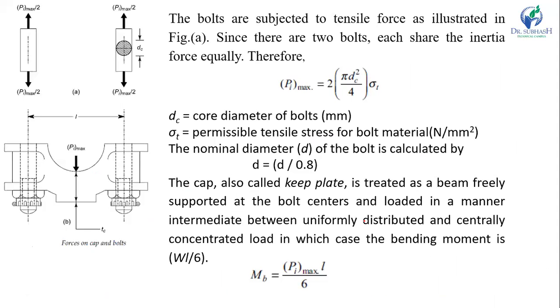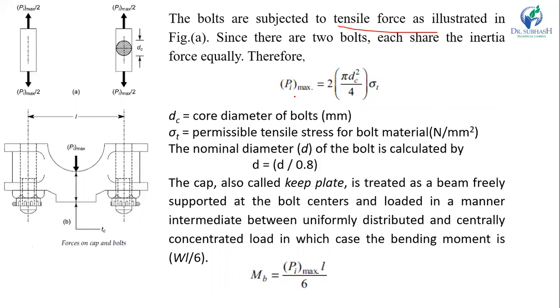So the bolts, you can see, are subjected to tensile force. When the two halves are assembled with bolts, a tensile force acts on the bolts. There are two bolts, so each shares the inertia force equally.